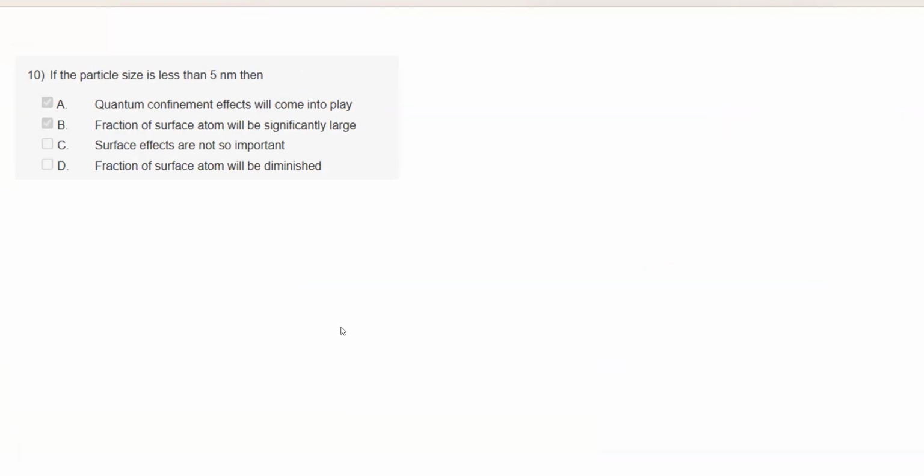What if the particle size is less than 5 nanometers? Unusual behavior starts to play a role. The fractional surface atoms sitting on the surface will be significantly large. This is also true.